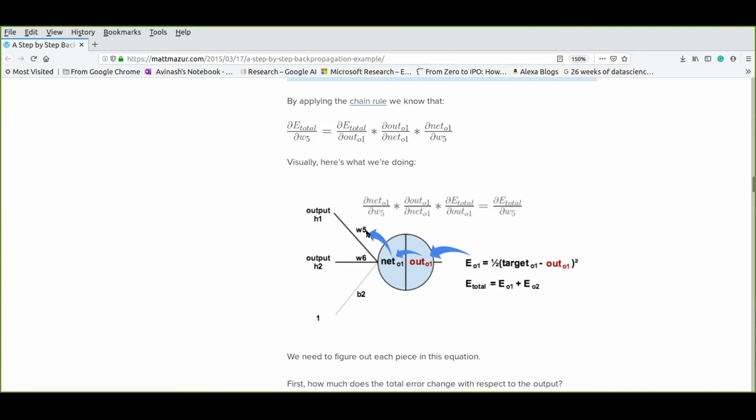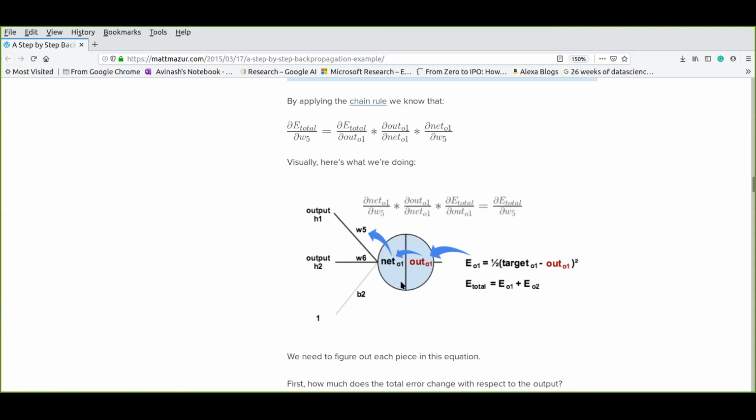So if you want to update the weight W5 and see how it is going to change E total, just try to get the flow here. The output of the hidden neuron H1 is multiplied with W5, and you add the bias to it, and that forms net O1.